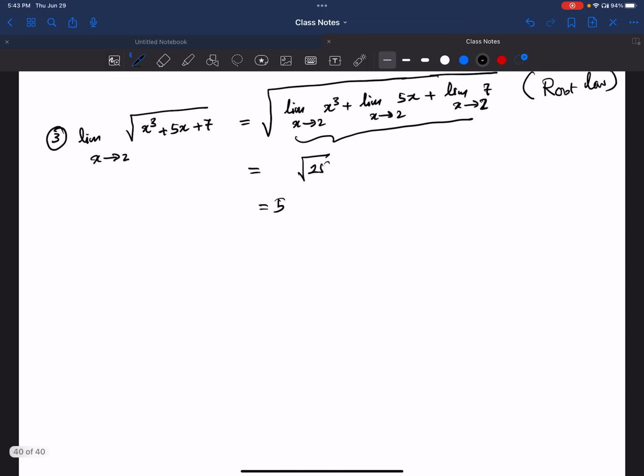And then we're going to get example number 4. We have limit t goes to -1, t plus 6 divided by t to the power 4. We can put the quotient rule.